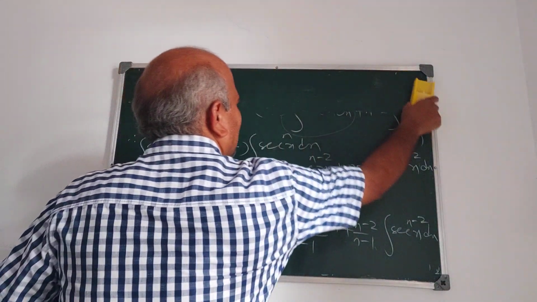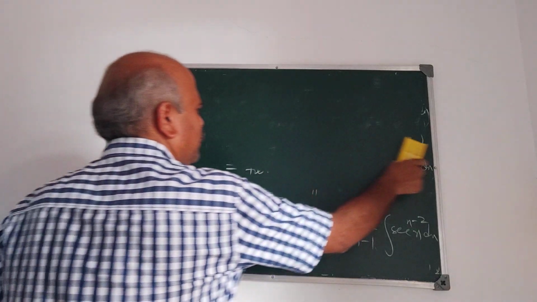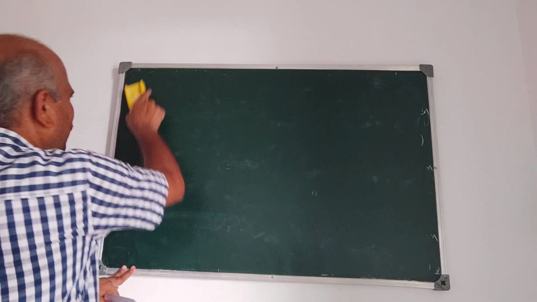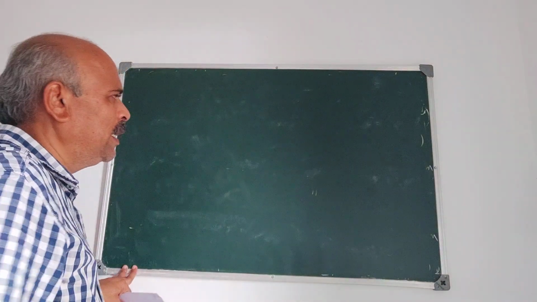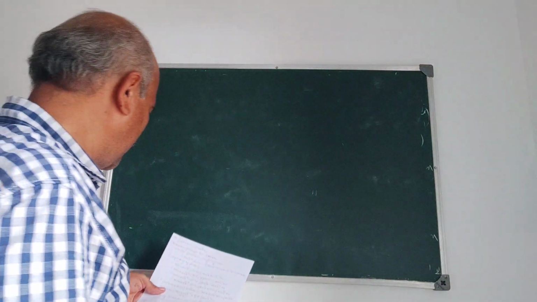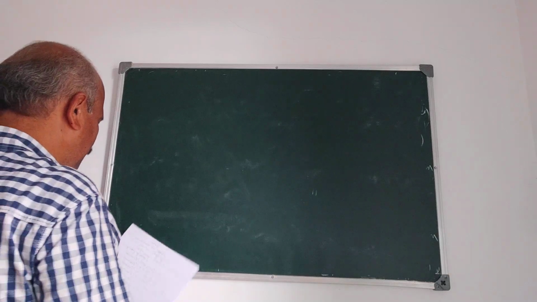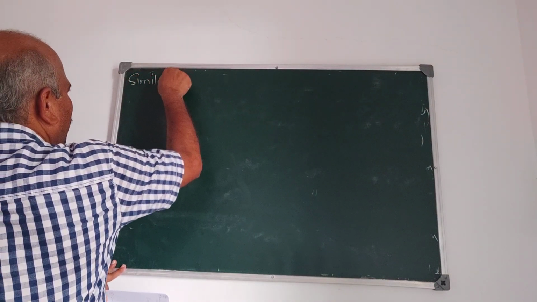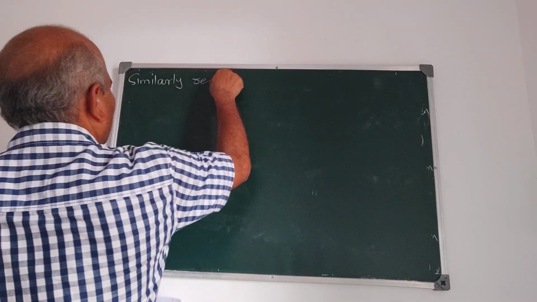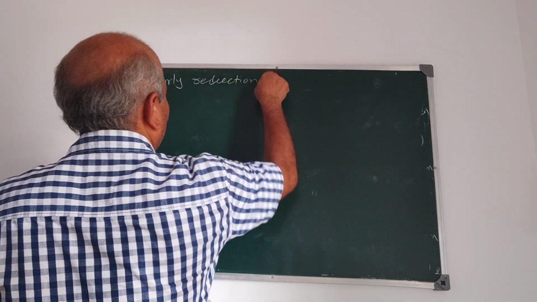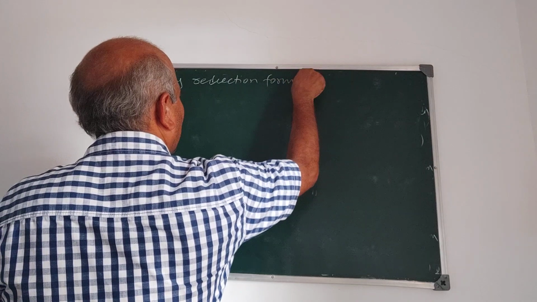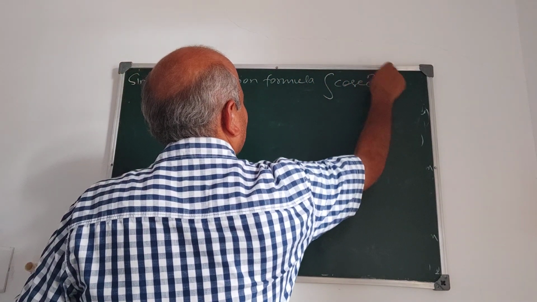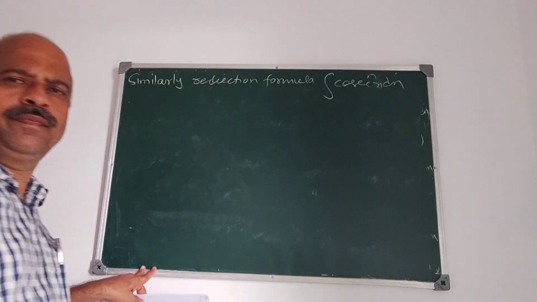Cosec x raised to n is exactly similar. What you have to do? Write cosec x raised to n minus 2 into cosec square x and apply by parts. I leave that as an exercise. Similarly, reduction formula for integral cosec x raised to n with respect to x.